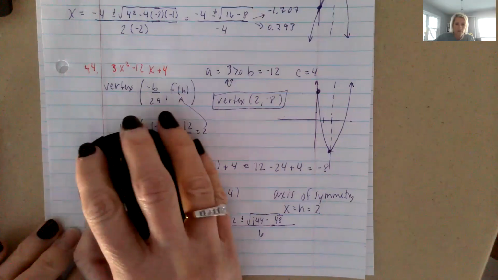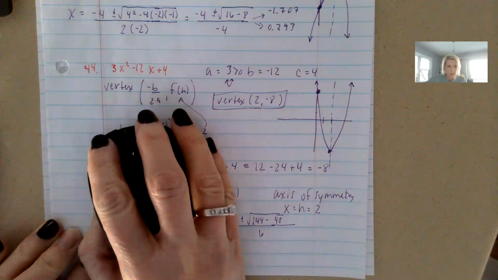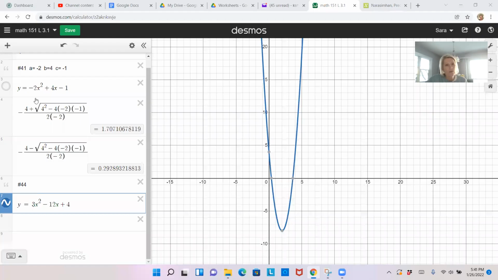Let's go ahead to our new share here, Desmos. Up here, I'm going to write A equals 3, B equals negative 12, and C equals 4.